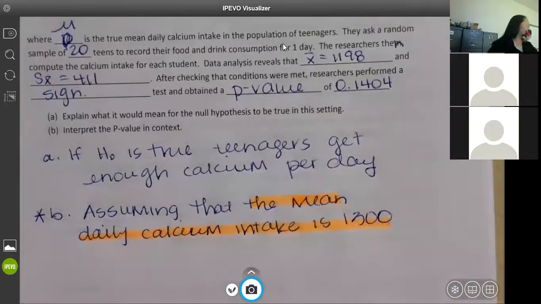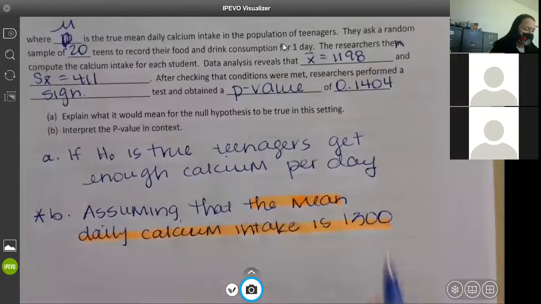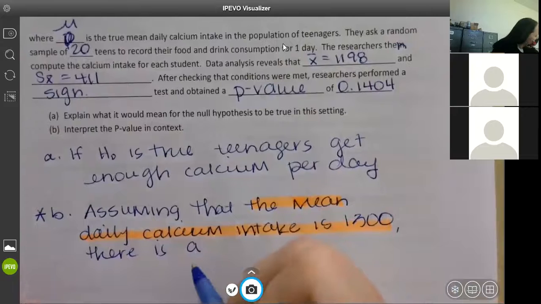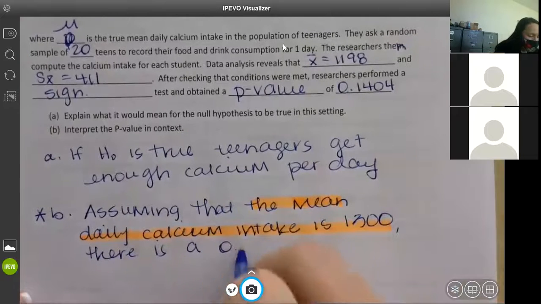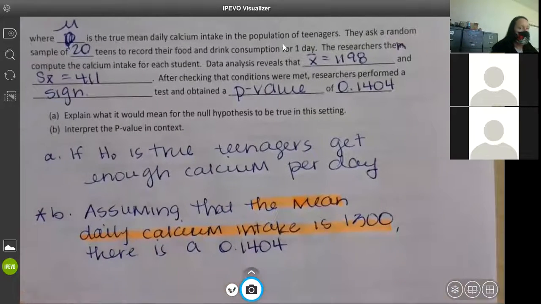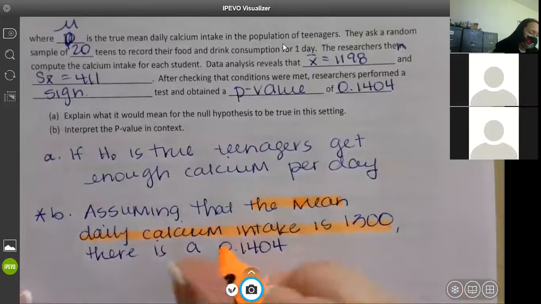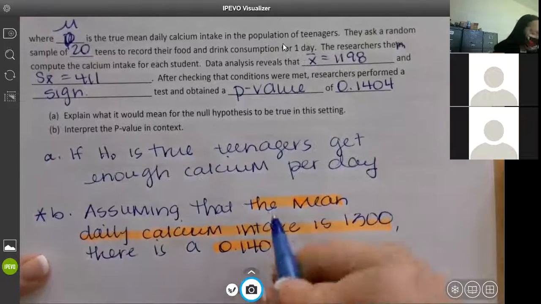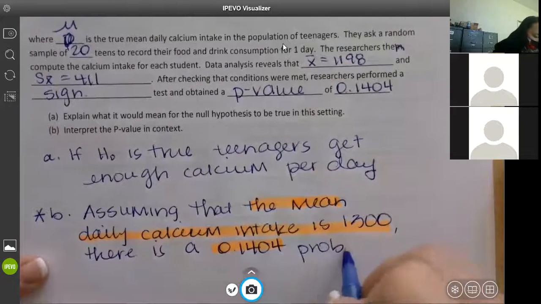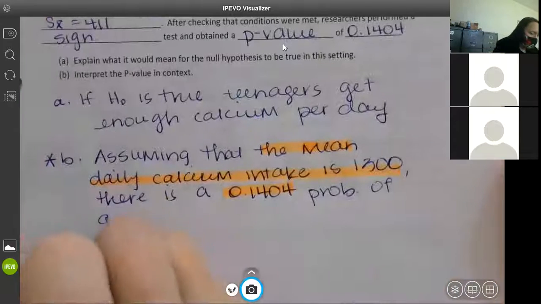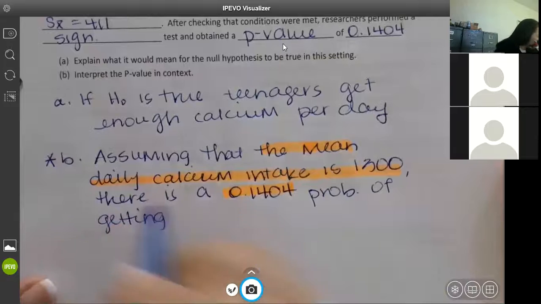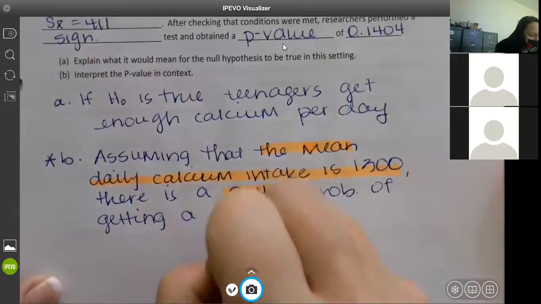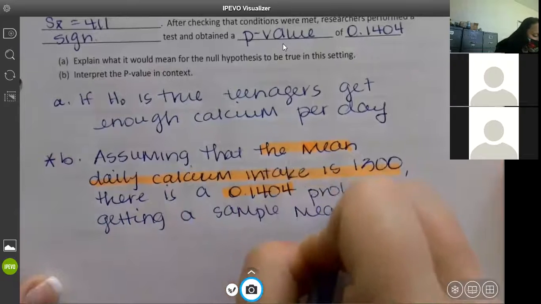Okay, so that's going to change because that's in context of the problem. There is a 0.1404 probability, which will change because that's based on this problem, of getting a sample mean.